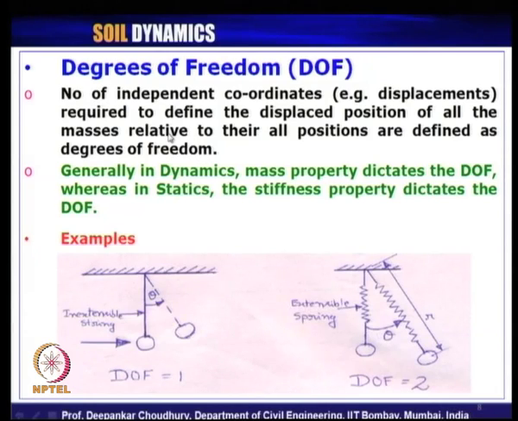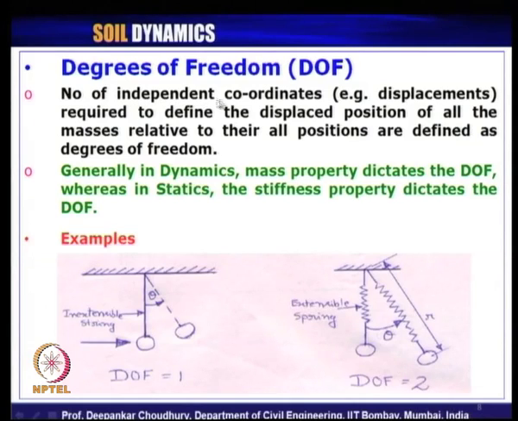In this definition, the word which we should emphasize, underline or take special note of is the number of independent coordinates. One coordinate should not be dependent on the other one.